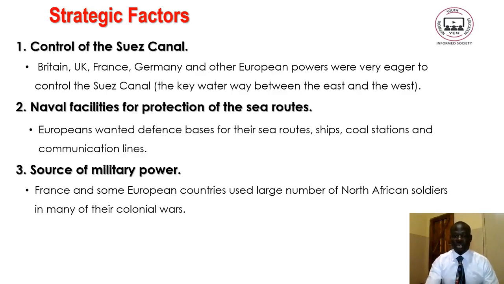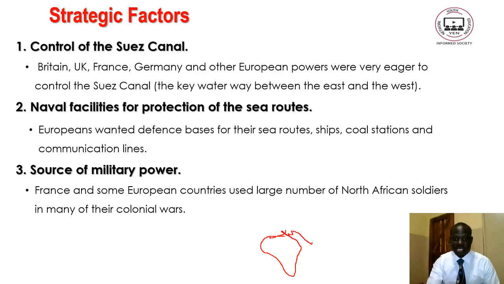You know, the Suez Canal joins three continents: Africa, Europe, and Asia. So when we talk of the Suez Canal, it is like Africa is here. This is Africa, and the Red Sea is somewhere here. So the Suez Canal is here.